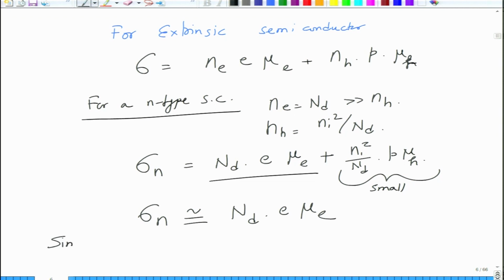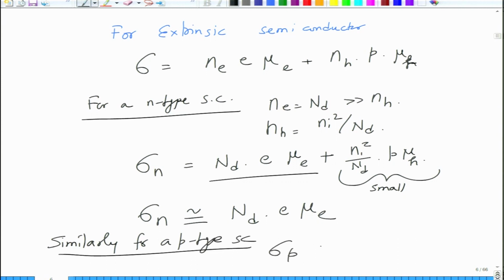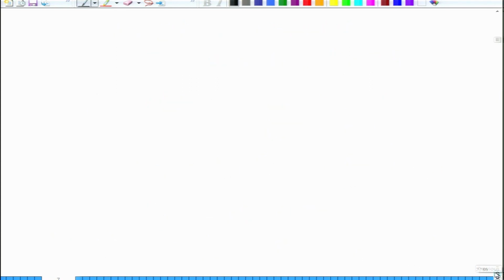Similarly, for a P-type semiconductor, sigma p tends to be equal to Na e mu h. This is what the carrier concentration and the conductivity of these two semiconductors will be. Now in general, there are two methods of conduction in semiconducting materials.